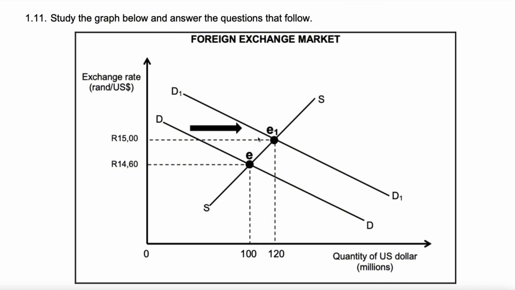Okay. Now, us demanding, what can cause an increase in demand for dollars? Well, maybe we want to go to America, we want to invest in America, buy shares in America, buy property in America, or another thing that I keep leaving out, which is speculation on the dollar.